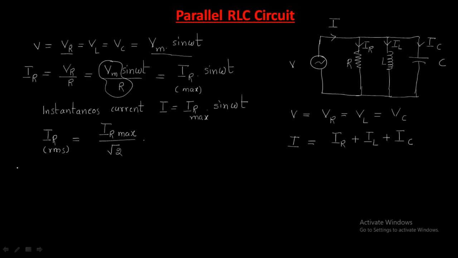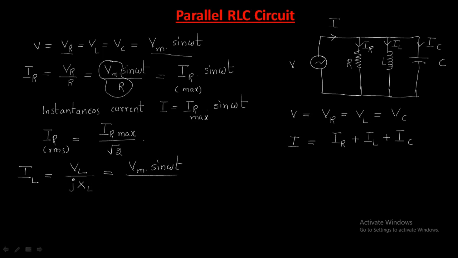Next, the current flowing through the inductor, IL. IL is the voltage across the inductor by the inductive reactance, jXL. The voltage across the inductor is nothing but the supply voltage, Vm sin omega t by jXL.